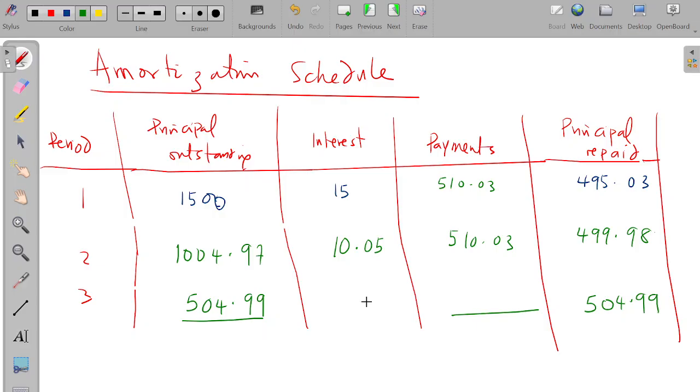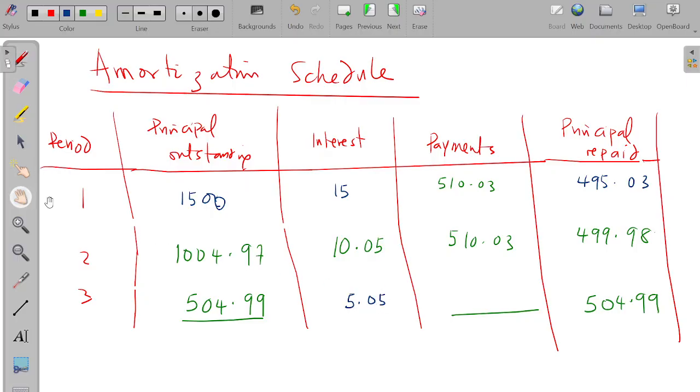Now we need to find our interest here. We multiply this by 0.01. You are supposed to be getting 5.05.